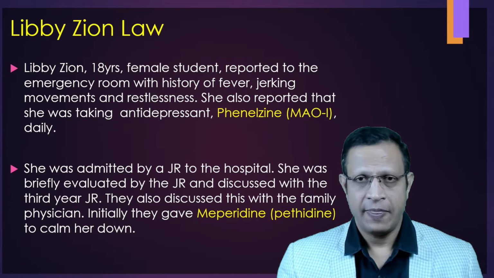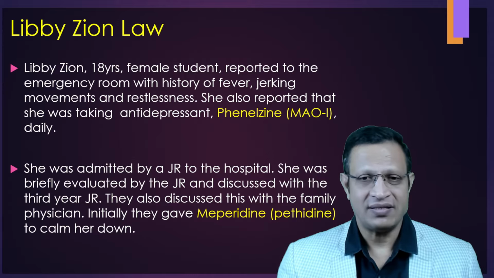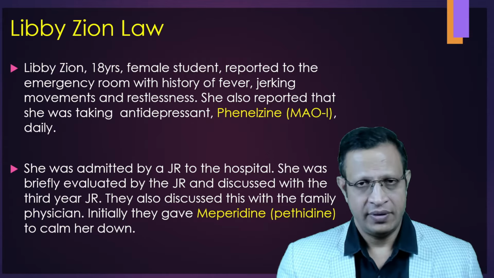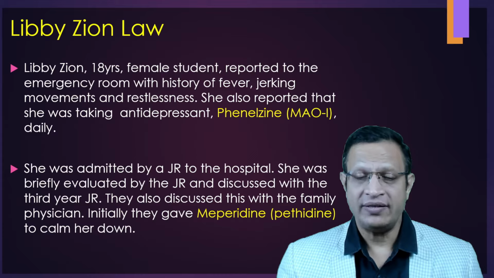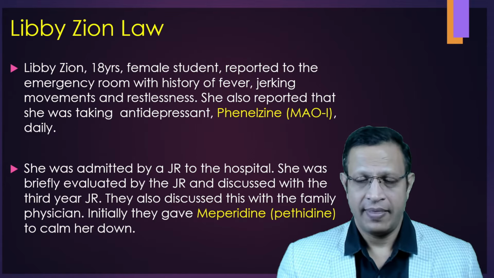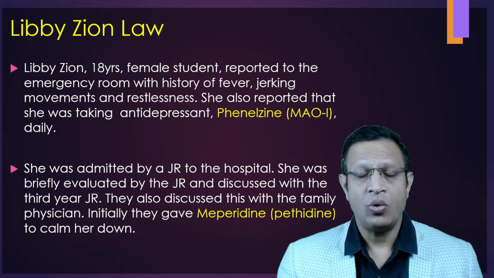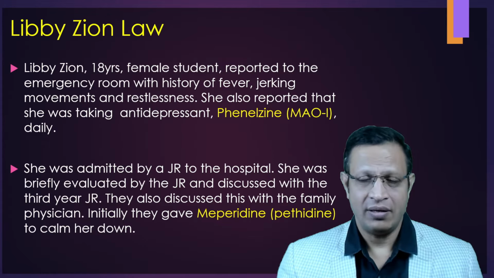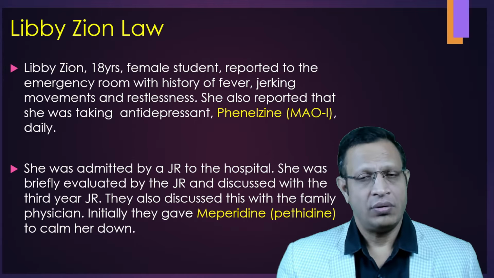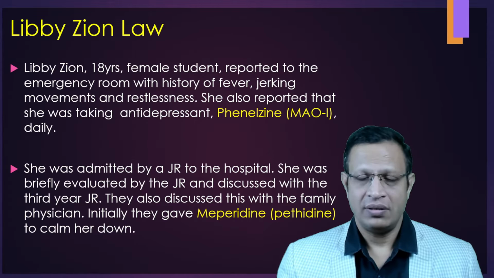She had fever, jerking movements, and restlessness. She was oriented. She reported that she was taking the antidepressant phenelzine, that is a monoamine oxidase inhibitor, on a daily basis. She also discussed her problems with regard to restlessness.